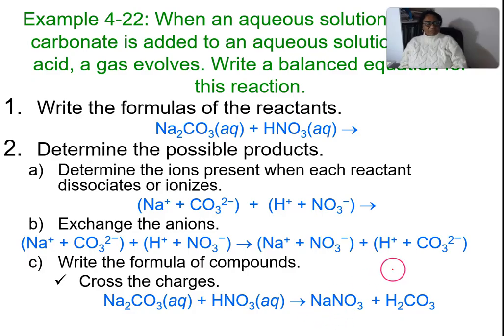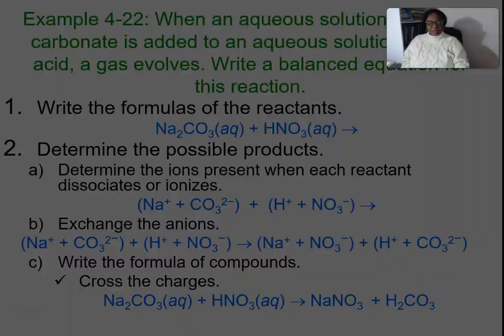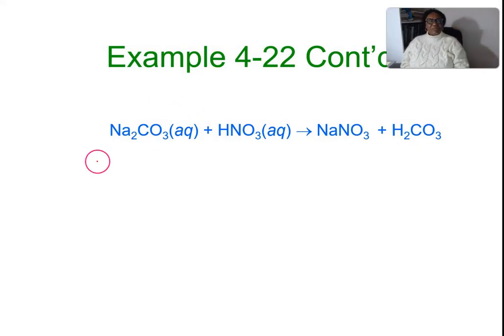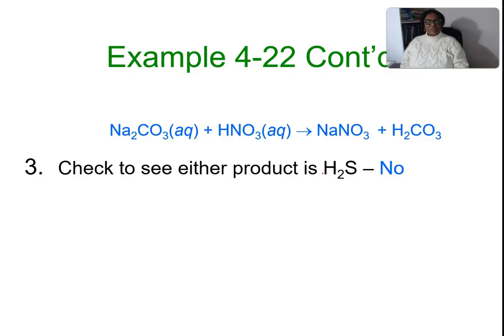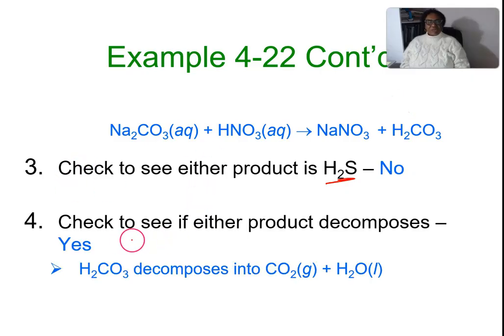Write the formula. Then go to your solubility table and check. So the solubility table tells us that this is aqueous and this is aqueous. There is none. This is not formed. So check to see if either product decomposes.